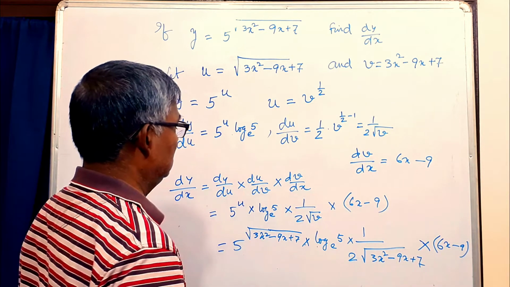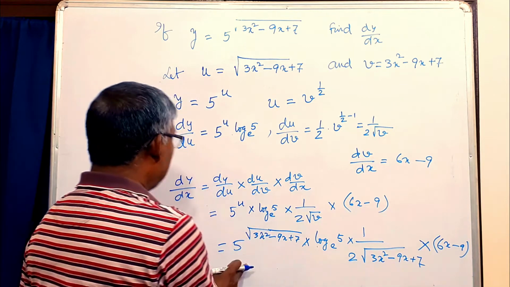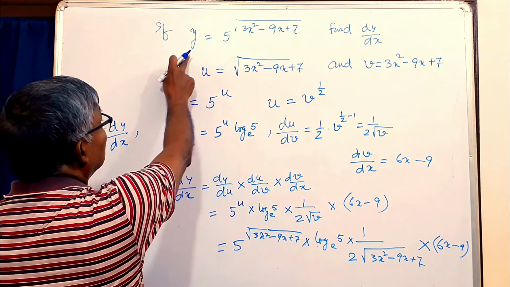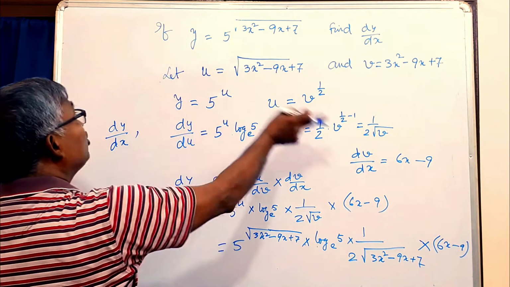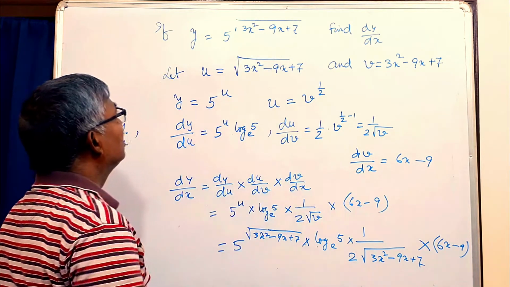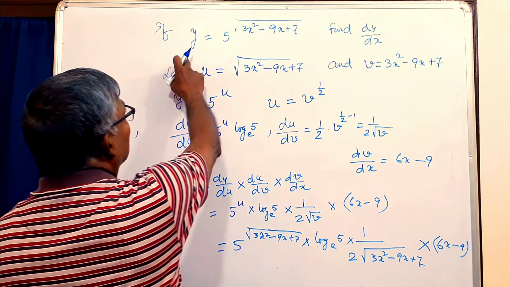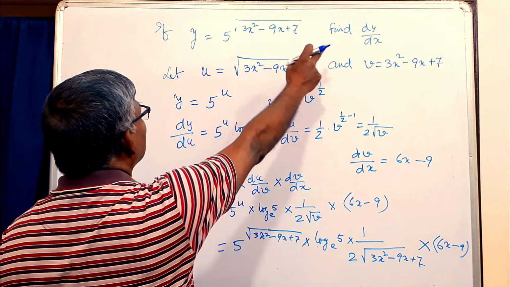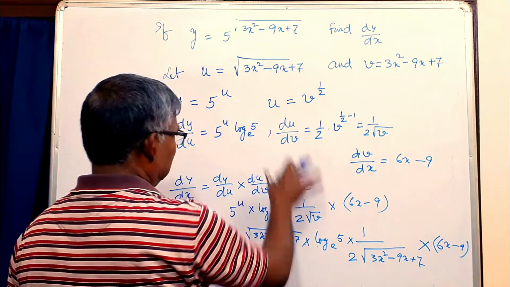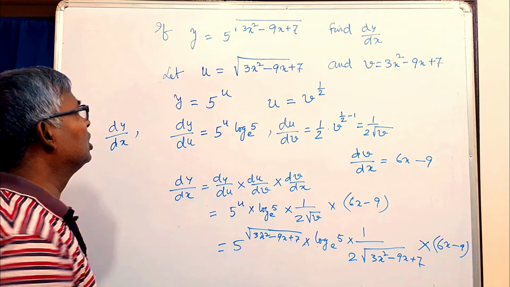So this is the derivative of y with respect to x. Here you see y is a function of x, but you cannot get the derivative directly. If you put it in this way, the problem will be solved very easily.